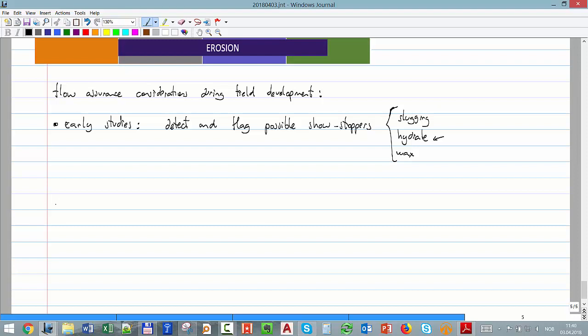Then after that, the next part where it appears is in the FEED. What does FEED stand for? Front-end engineering design. Here I already have a specific development alternative selected.